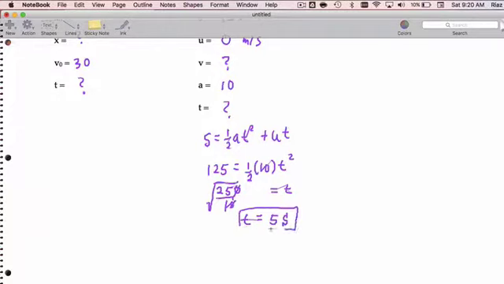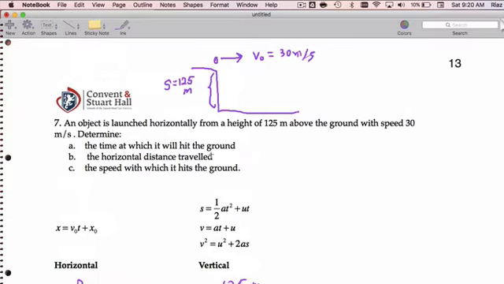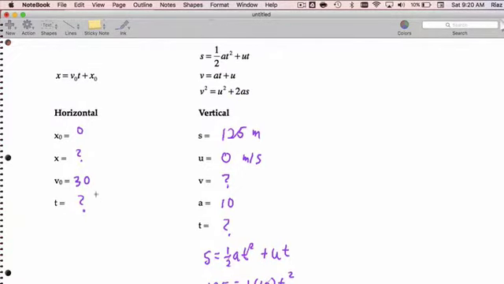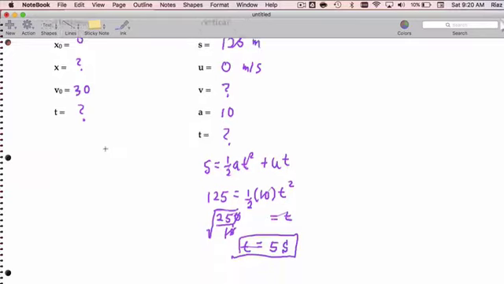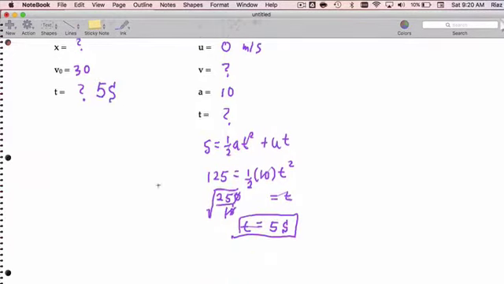All right. Now let's get the horizontal distance it travels. In this case, it's traveling like this and it just lands on the ground. So let's be clear that the time it takes to fall is the time it takes to go horizontally, which is why there's no need to double anything. So here, this is also going to be 5 seconds.